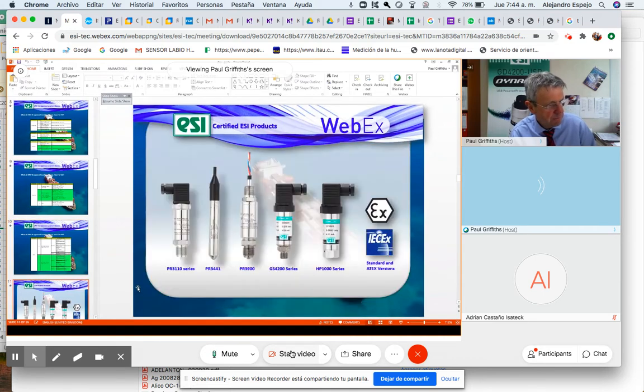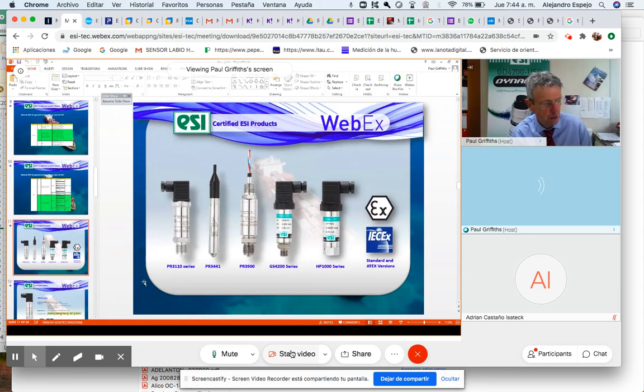And this is the product range. These are all standard products, but every one is available with a marine certificate. So we have very low pressure. Then with the GS4 200, we have the low to high. And then for the HP series, we have very high pressure.